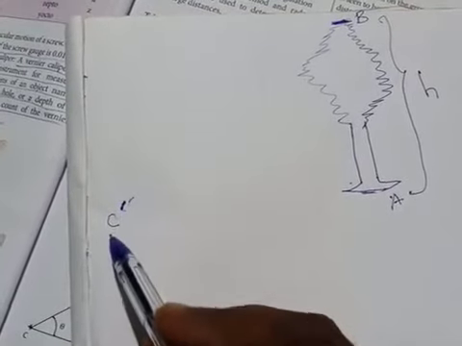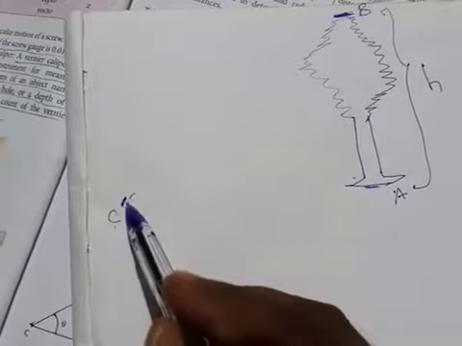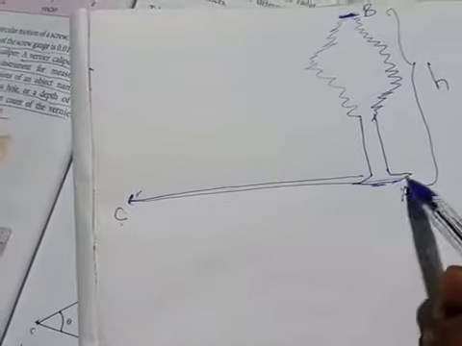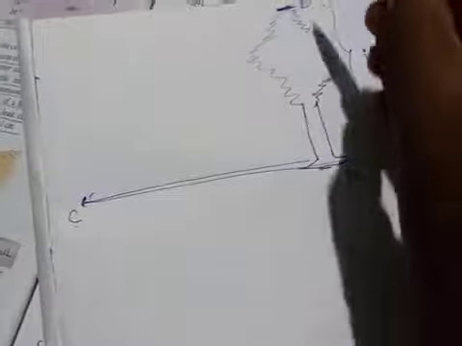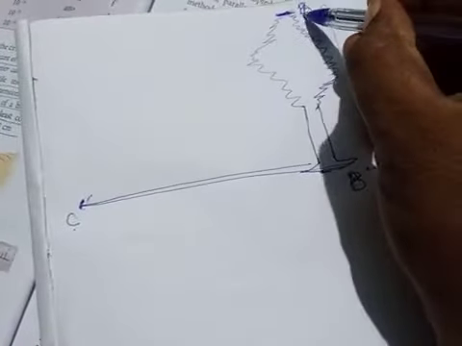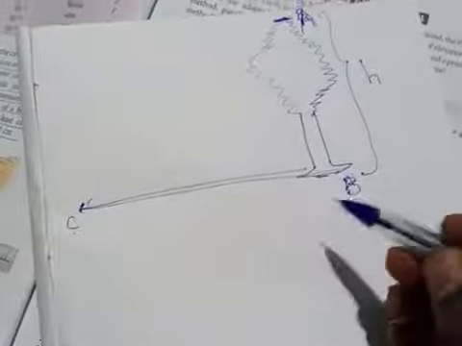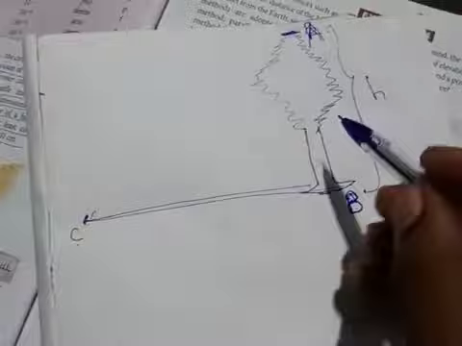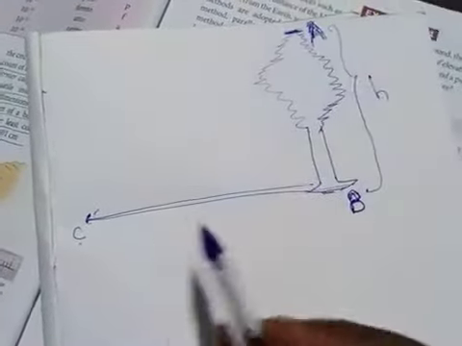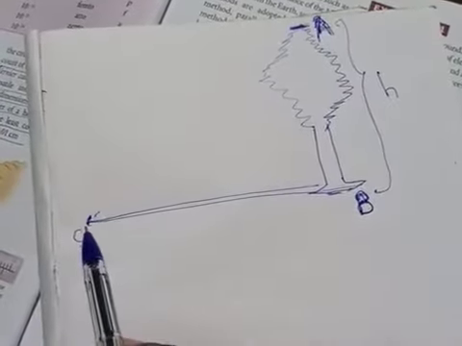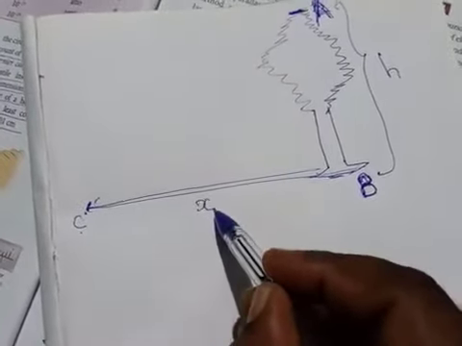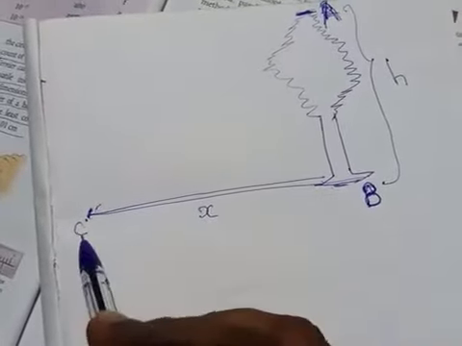Assume that you are standing here at the point C at a distance x from this tree. You can take this as B, this as A. Now you are standing at position C at a distance x from this tree.